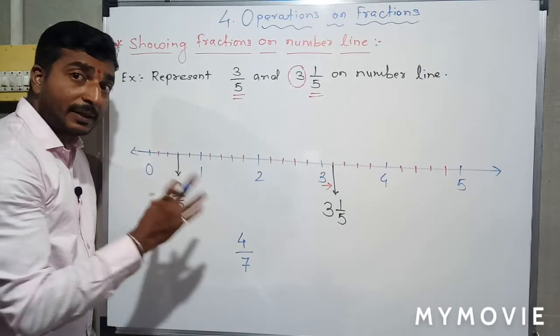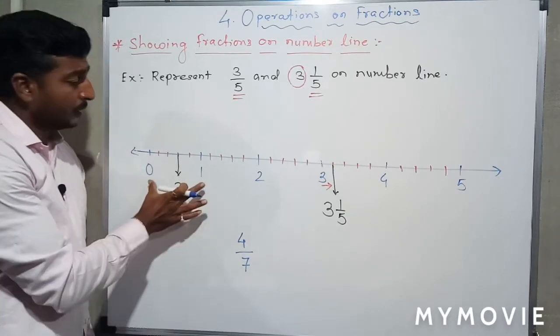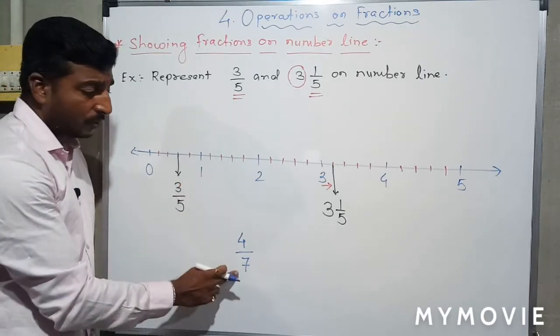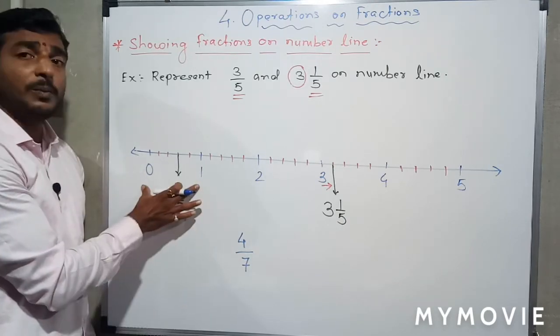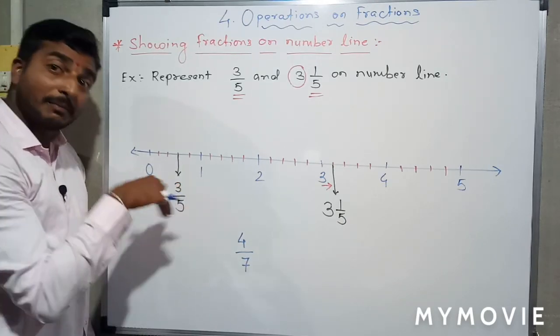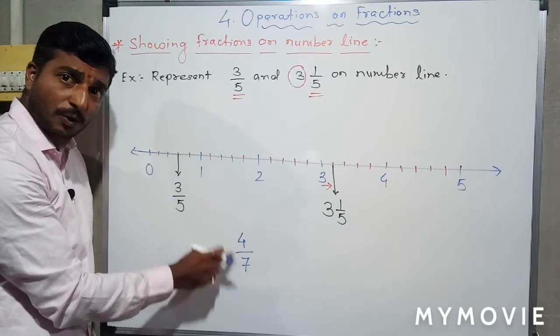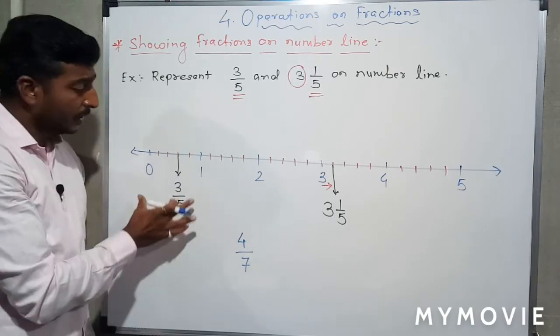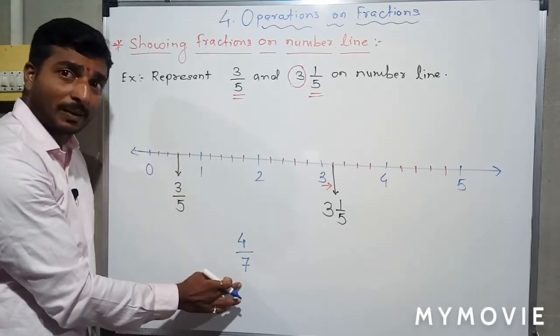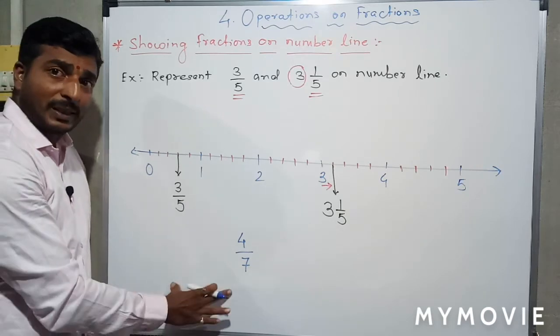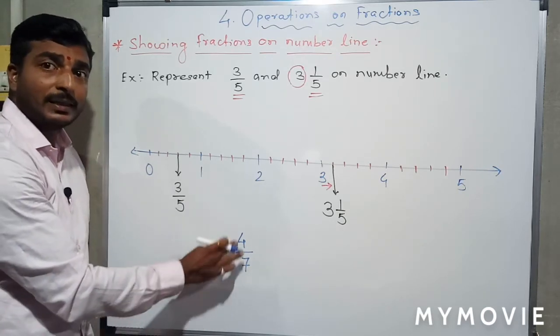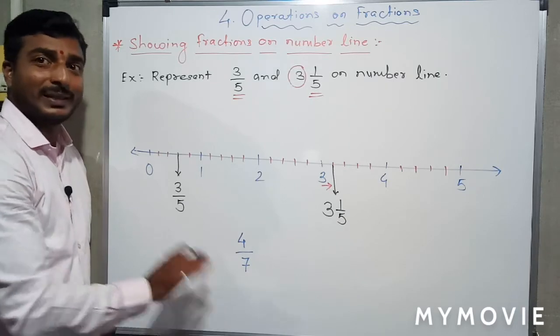Then you have to divide each unit distance into 7 equal parts. Here how much have we done? 5 equal parts. For this example, for representing 4 upon 7 on the number line, you will divide the unit distance into 7 equal parts, and out of those 7 equal parts, the 4th part will represent 4/7 on that number line.